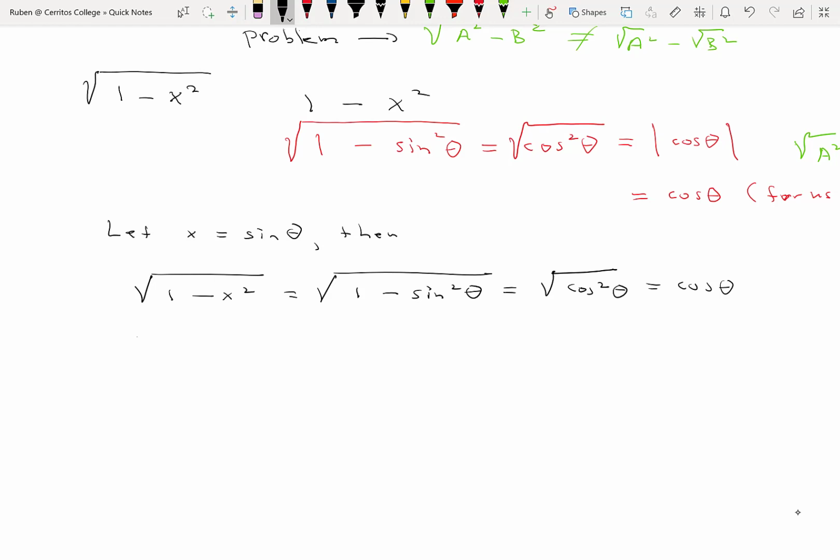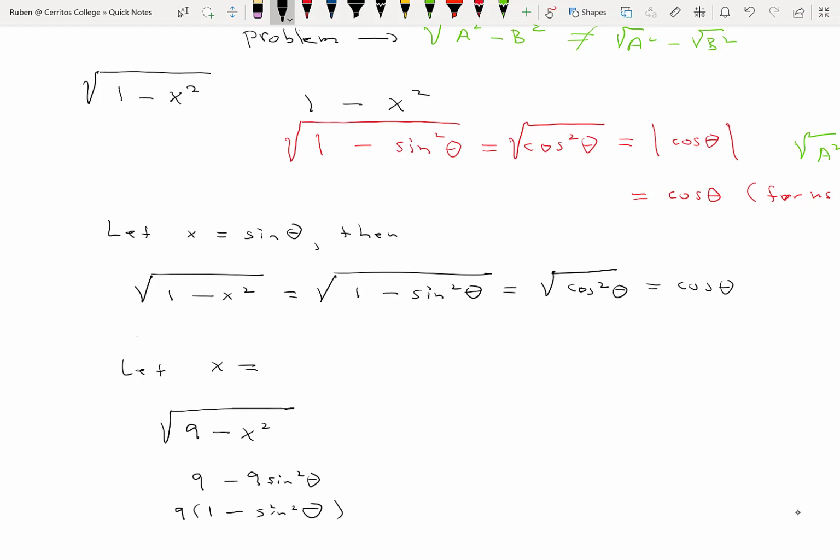So what am I going to let x equal in order to deal with the 9 minus x squared? If I make a substitution that will allow me to have 9 minus 9 sine squared, that would give me 9 times 1 minus sine squared.